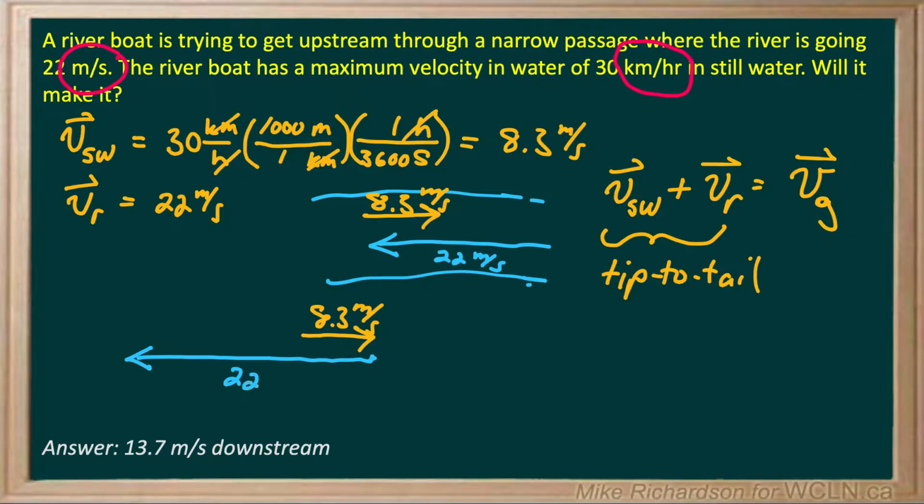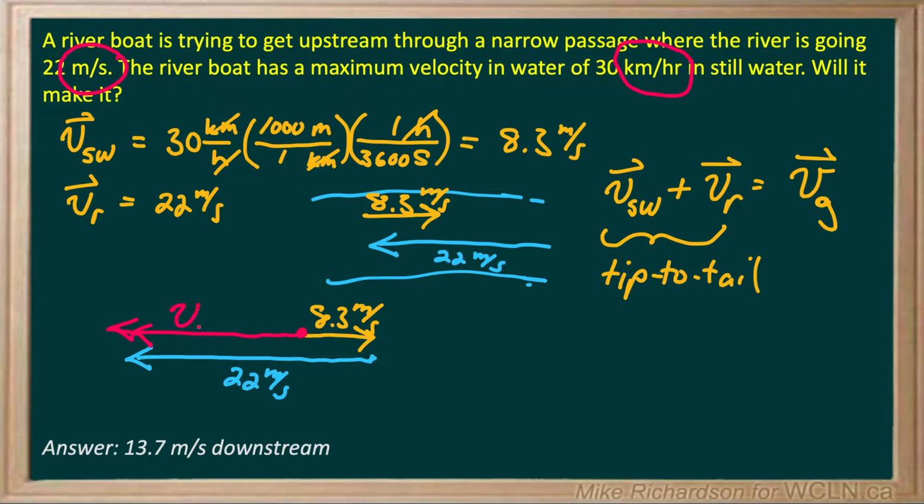So this is 22 meters per second. So tip to tail, I've successfully added these two vectors together. Now the final answer, which I'll do in pink here, always points from the start of your vector diagram towards the finish. So my final resultant looks like this, pointed to the left.